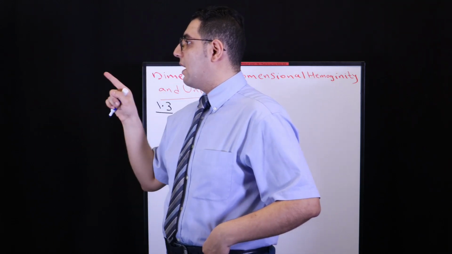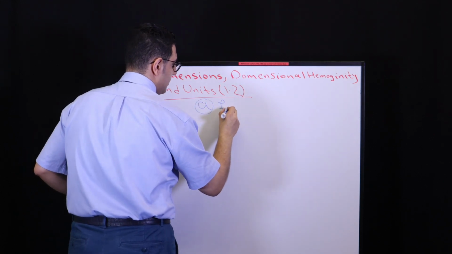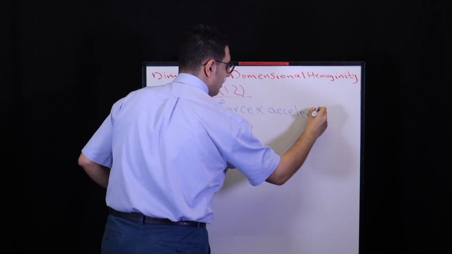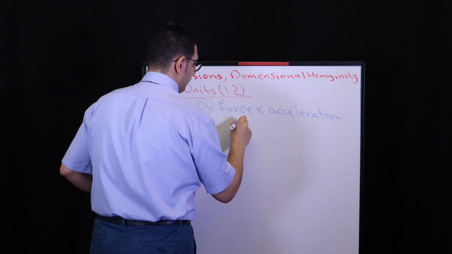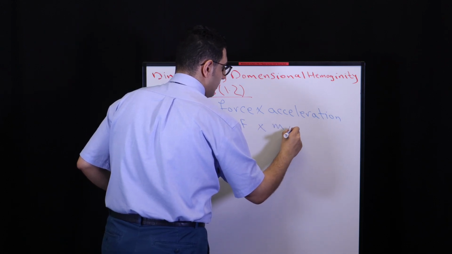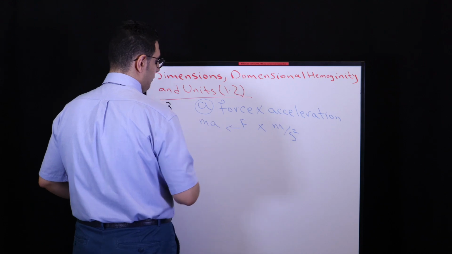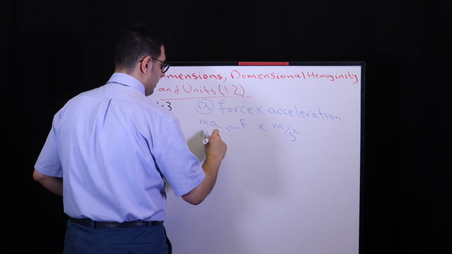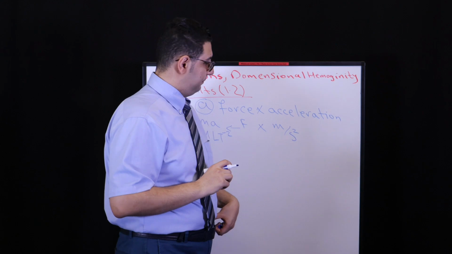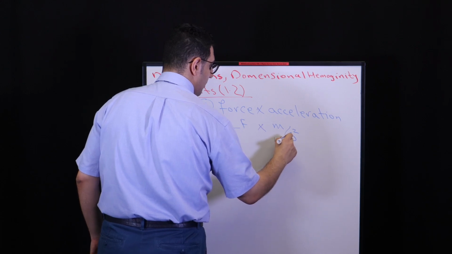The product of force times acceleration. So, at the first step, we are going to have force multiplied by acceleration, which is F multiplied by meter per second squared. Force is also M multiplied by A, which is MLT to the power minus 2, as I told you in the handwritten text. Acceleration is LT to the power minus 2.